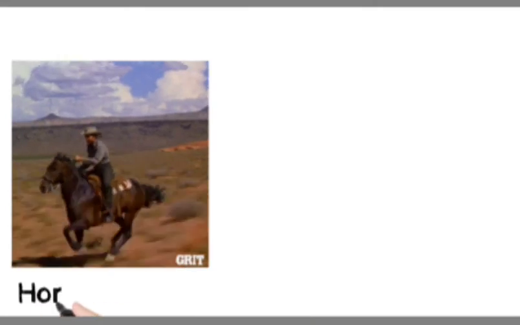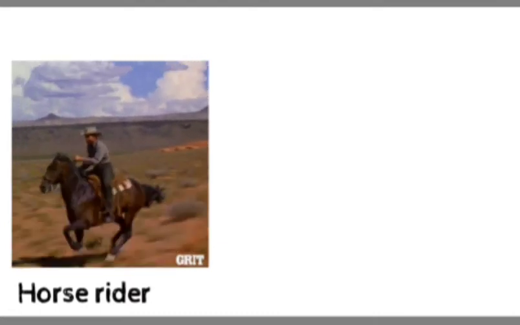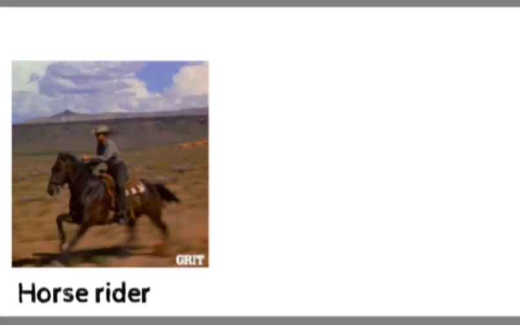It's because a horse rider has total control over his horse. The horse rider has total control over the movement of the horse. So that is why the poet has compared the bird to a horse rider, because the bird has total mastery over the wind. The bird has total control over the wind.